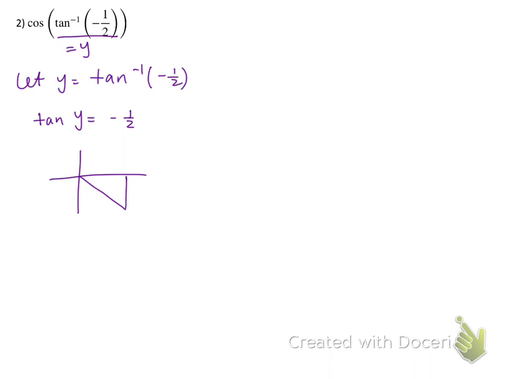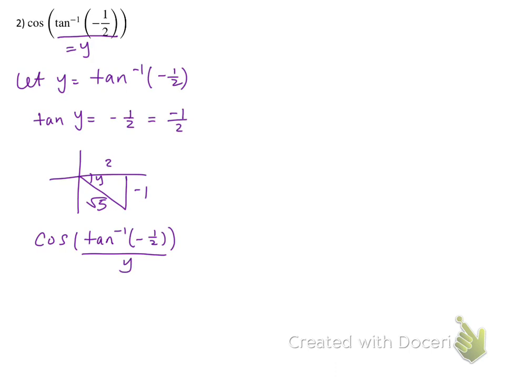Negative 1/2 in quadrant 4 has to be positive x and negative y. So positive x and negative y, this way. And from the Pythagorean theorem, we know that the hypotenuse will be square root of 5, and that tells us the cosine of tan inverse negative 1/2.